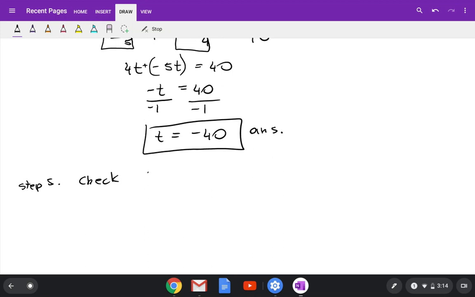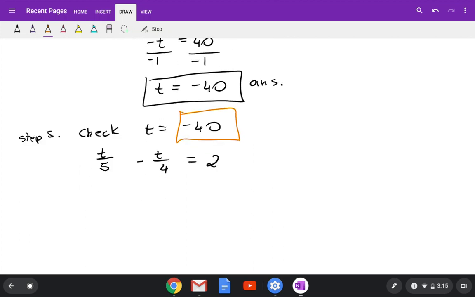Check. So we end up with t equal to negative 40. So I'm going back to the original problem, which was t over 5 minus t over 4 equal to 2, and I'm just going to substitute t with negative 40. So we have negative 40 over 5 minus negative 40 over 4 equal to 2.